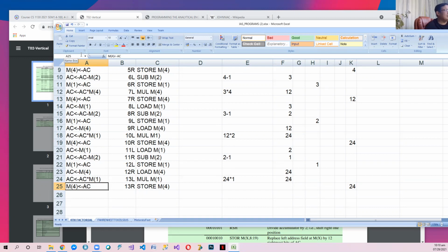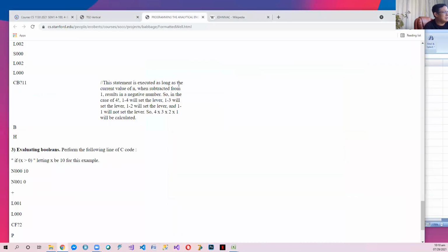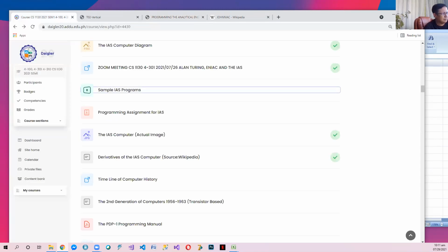This is our problem here, because 1 minus 1 will not set the flag, and it will do the opposite in jump plus, because 1 minus 1 equals 0. It's still positive, it's not negative. Okay, do you follow?